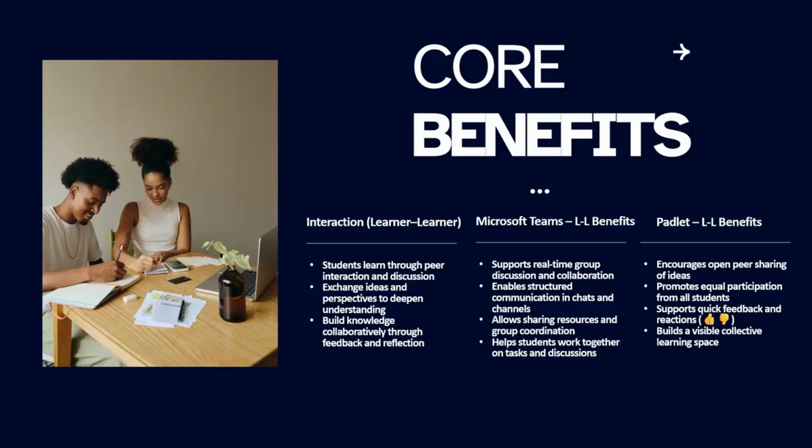I also include two tools here: Microsoft Teams to support real-time discussion and organized communication, while Padlet creates a more open and visible space where everyone can contribute. Together, these tools make collaboration much more accessible and engaging for students.